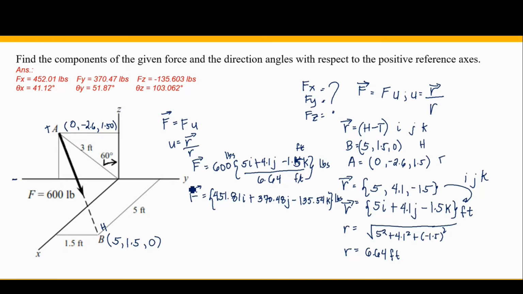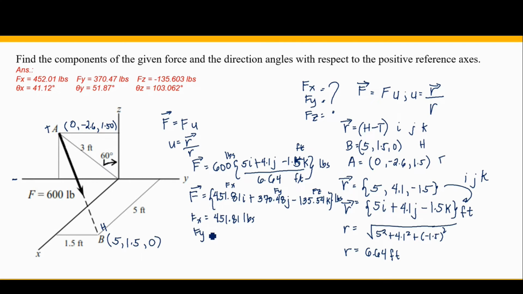Ang hinihingi ng problem is the components of the given force. Therefore, this is our Fx, this is our Fy, and this is our Fz. Therefore, Fx is equal to 451.81 pounds. Remember, components yung hinahanap, kaya no need to put the i. Okay.